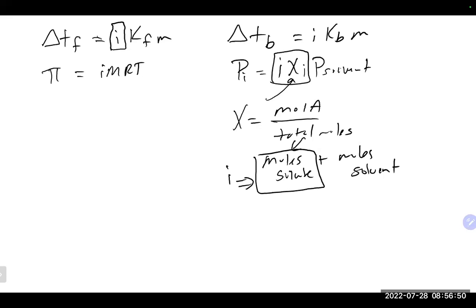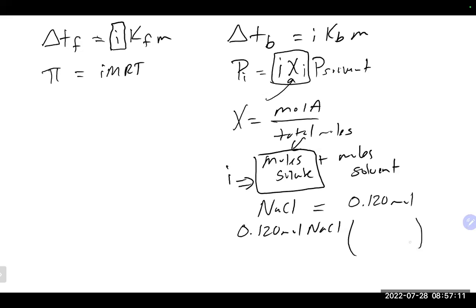So for example, let's say that our salt was sodium chloride and we had 0.12 moles of it. When we go to calculate our mole fraction, we would do this: 0.12 moles of sodium chloride. For every 1 mole of sodium chloride, you get 2 moles of particles.